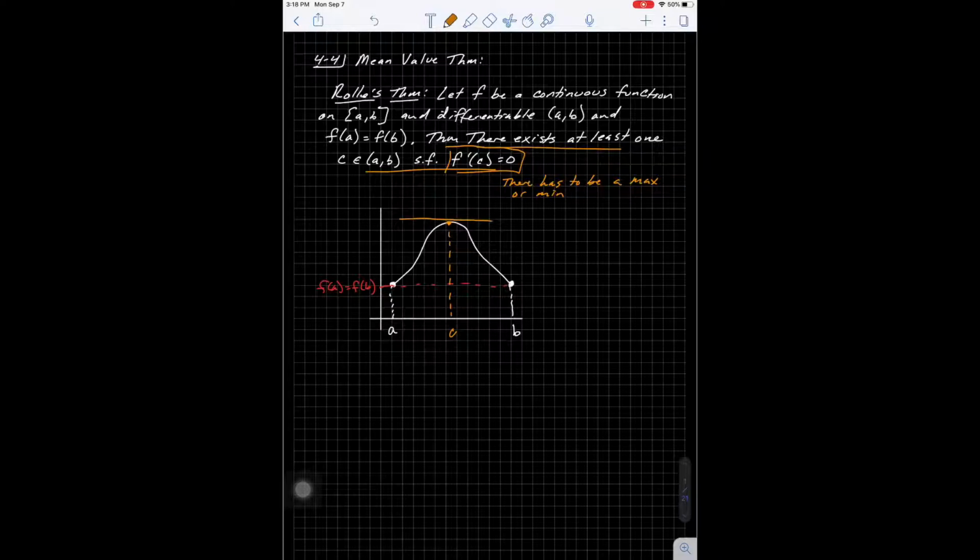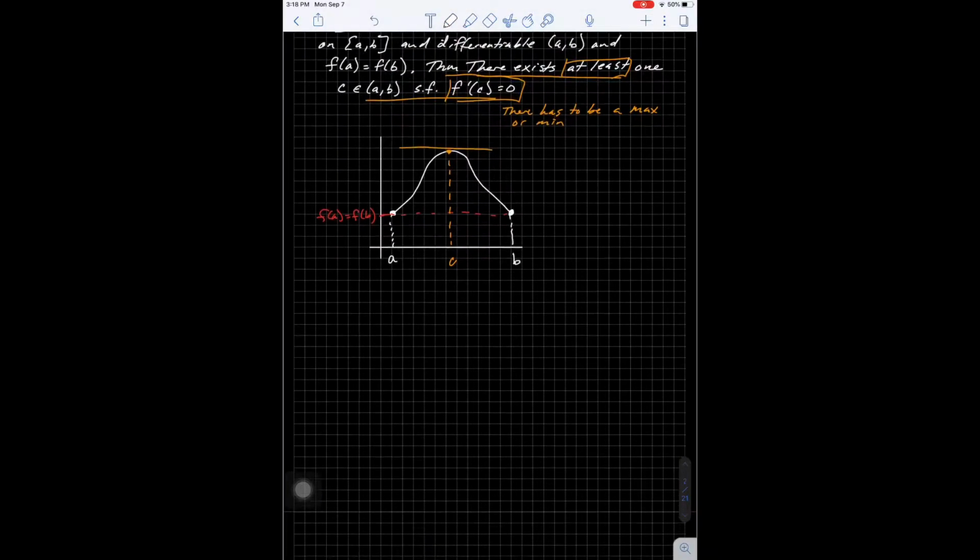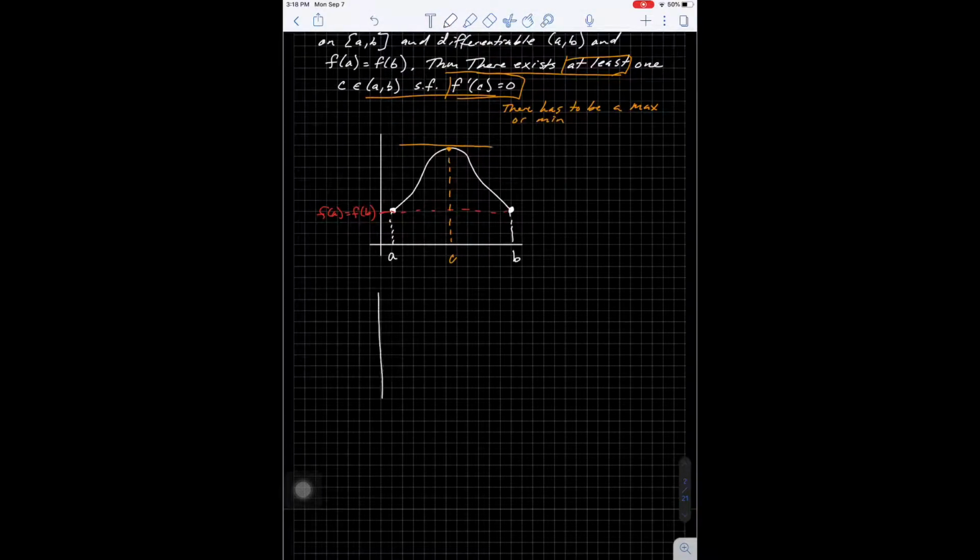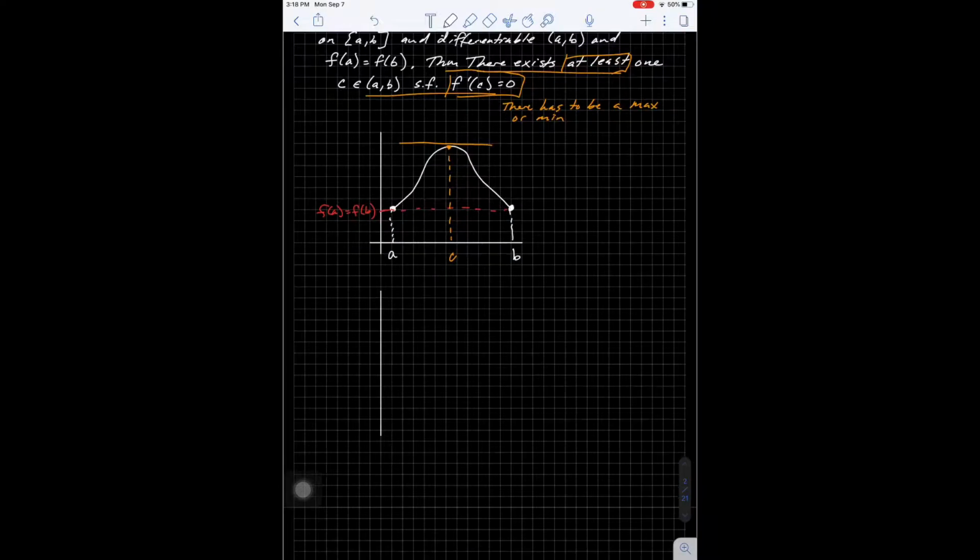Now, this says at least one. That means it's possible that there's more than one. So you could have a function, let's draw it a little differently. Here's f of a and here's f of b, and say the function does something like this. Again, continuous, differentiable in the open interval.